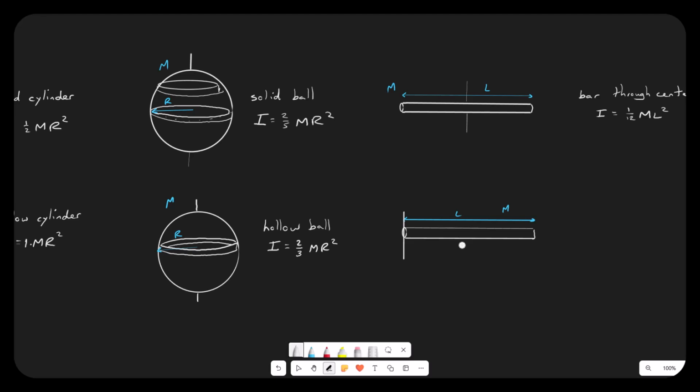As a kid, if you grabbed a broomstick in one hand and just started spinning it around, you would find that it spins pretty easily when you grab it by the center, but if you grab the far end of it, it takes a lot more effort to get it to spin. So this is a bar with the axis through the end, and I'm going to get 1/3 ml squared.